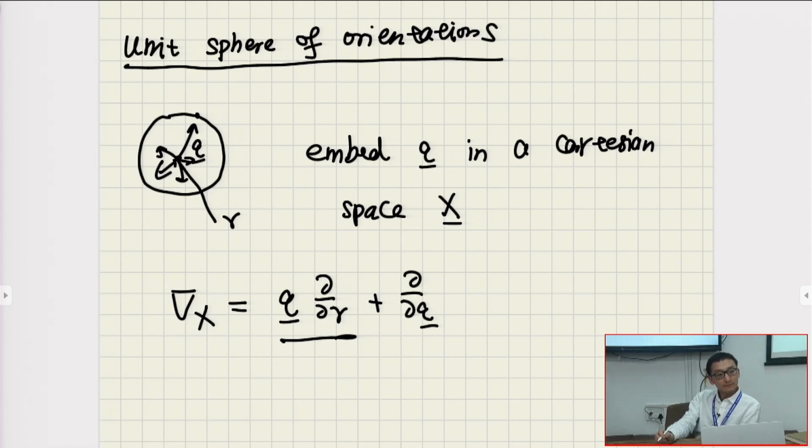Why do we call it a unit sphere? Because for the rotation vector, we've constrained its length to be 1, for convenience. In principle, you could use a vector of length 2, for example, to represent your orientation.